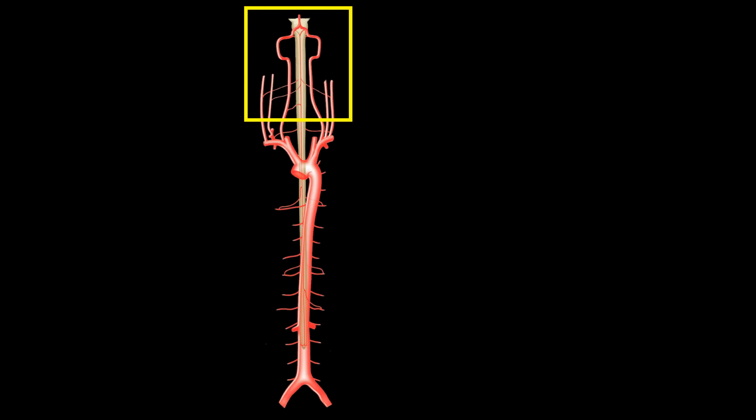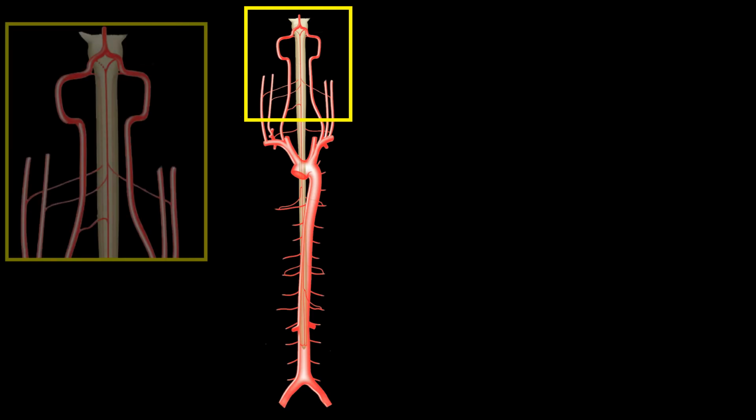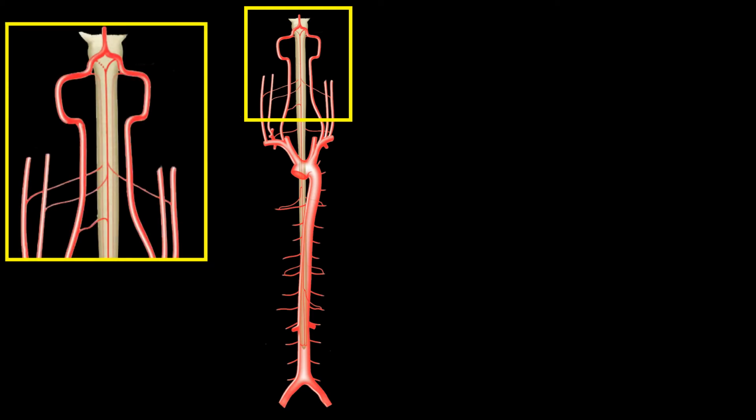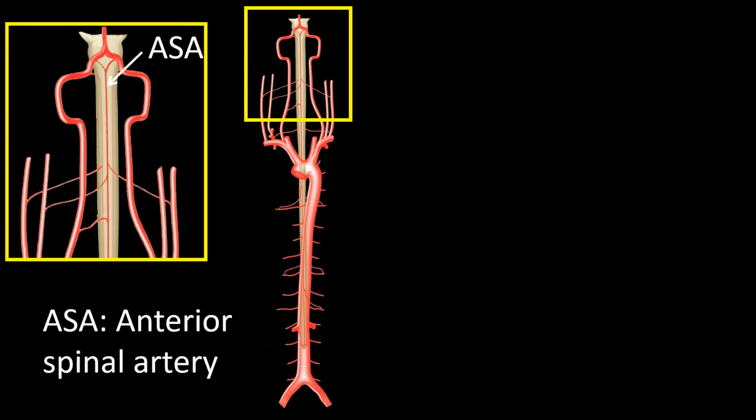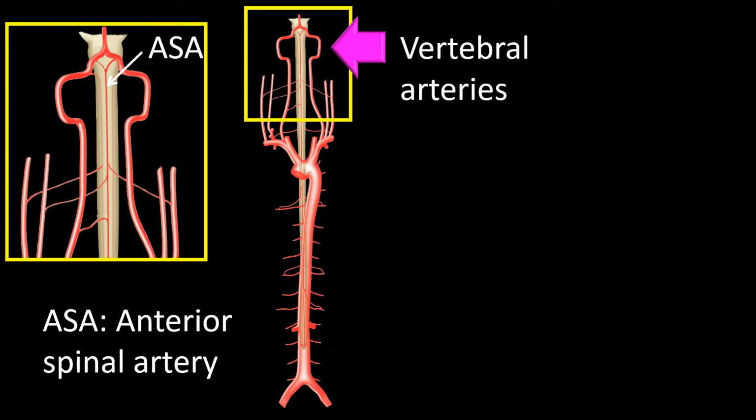In this frame, I have placed a rectangle in the upper part of the drawing, which I have enlarged in this new frame. The vascularity of this area is very important to our understanding of the irrigation of the spine. Here I am indicating the anterior spinal artery. The anterior spinal artery originates from the confluence of arteries arising from the vertebral arteries.